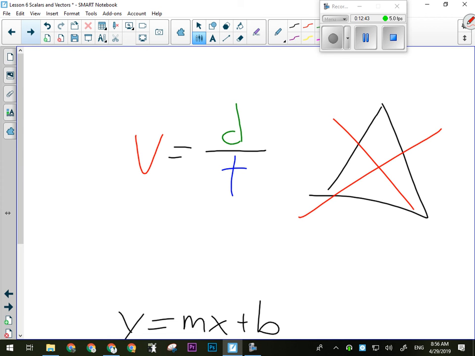You may not ever use a triangle in my class to do algebra because it won't work. It works fine for a formula like V equals D over T. It works fine for the mole equation where you've got 3 variables and they're only being divided or multiplied. As soon as you get into a formula that has more than one type of operation, so it has multiplication, division, and addition, subtraction, it doesn't work.